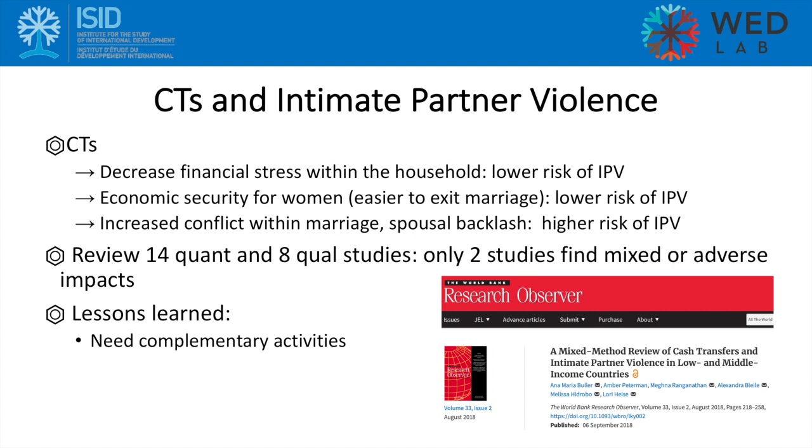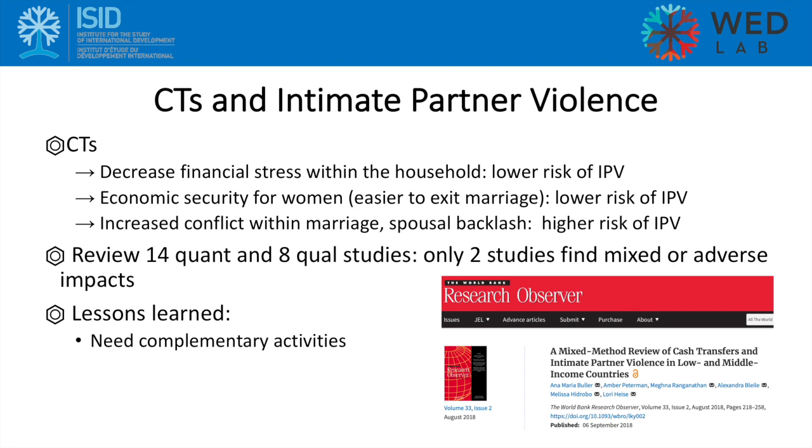There's this recent review paper, a mixed method review of cash transfers and intimate partner violence in low and middle income countries. They look at the most rigorous evidence they can find. We don't just want anecdotes; we want to see what the science has to say. They look at quantitative and qualitative studies. By we, I mean the authors.